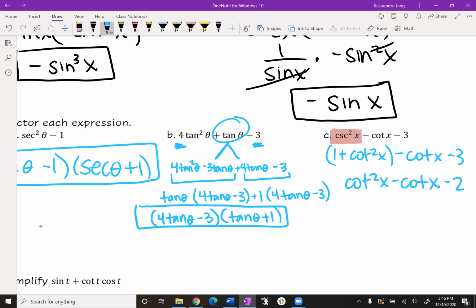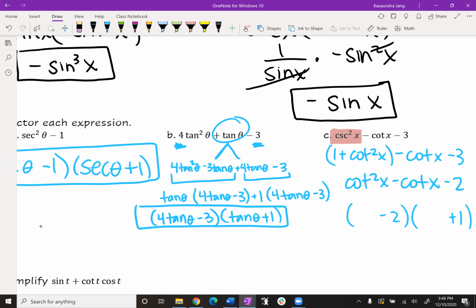So I will go ahead and combine those into a negative 2. All right. I think this is looking a bit better. I don't have a leading coefficient like I did on B, so I don't think I need the factor by grouping. I'm going to see if I can figure out any numbers that multiply to be negative 2 and add up to negative 1. I think I'm going to go with a negative 2 and a positive 1. Those multiply to be negative 2. Negative 2 plus 1 is a negative 1. All right, so we took care of those.